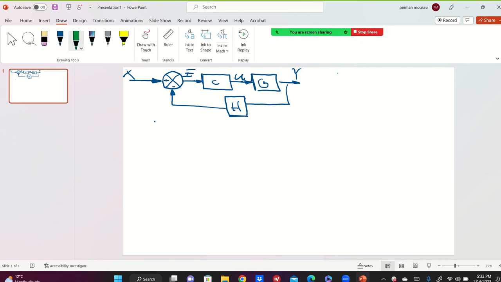And we derived the closed loop transfer function Y over X was CG over 1 plus CGH.